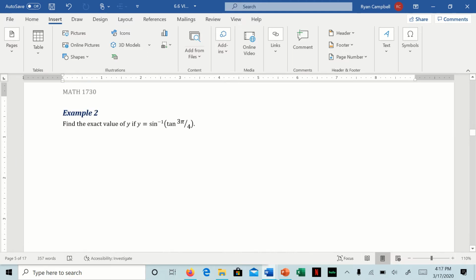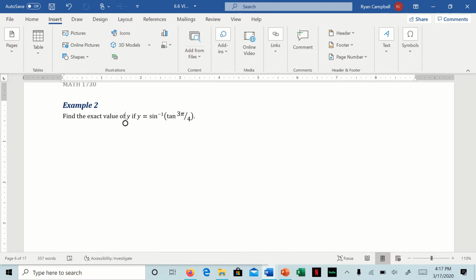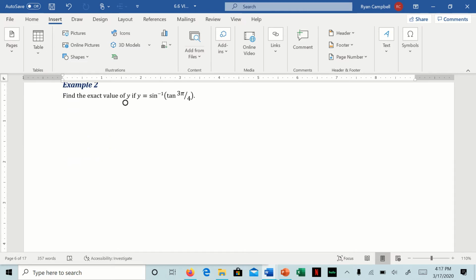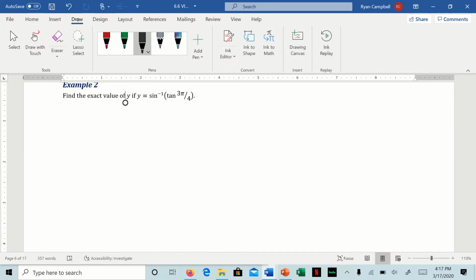All right, let's do example number 2. Find the exact value of y if y equals the inverse sine of the tangent of 3 pi over 4. So this will be good to do. So 3 pi over 4, right? Again, this is pi, this is 0. If we split this up into fourths, it's going to look like this.